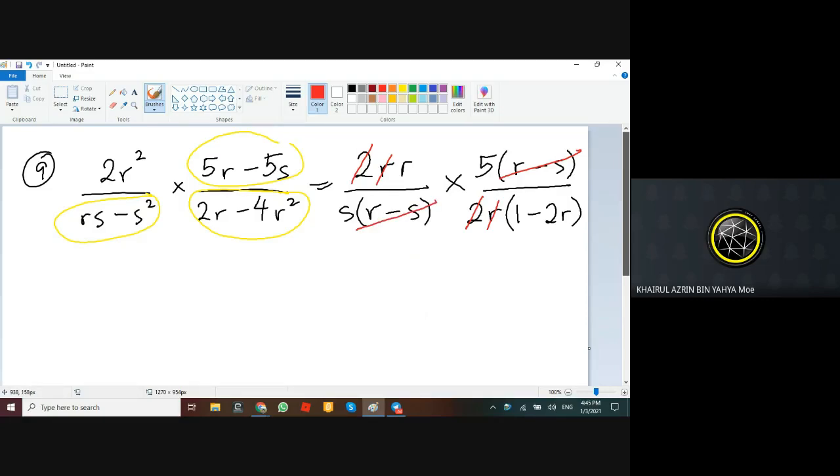I think that's all we can eliminate. So we write the answer here. It's better to write the number first: number 5 and then the variable r, so 5r. On the lower part, we have s in brackets times 1 minus 2r. So this is the final answer.